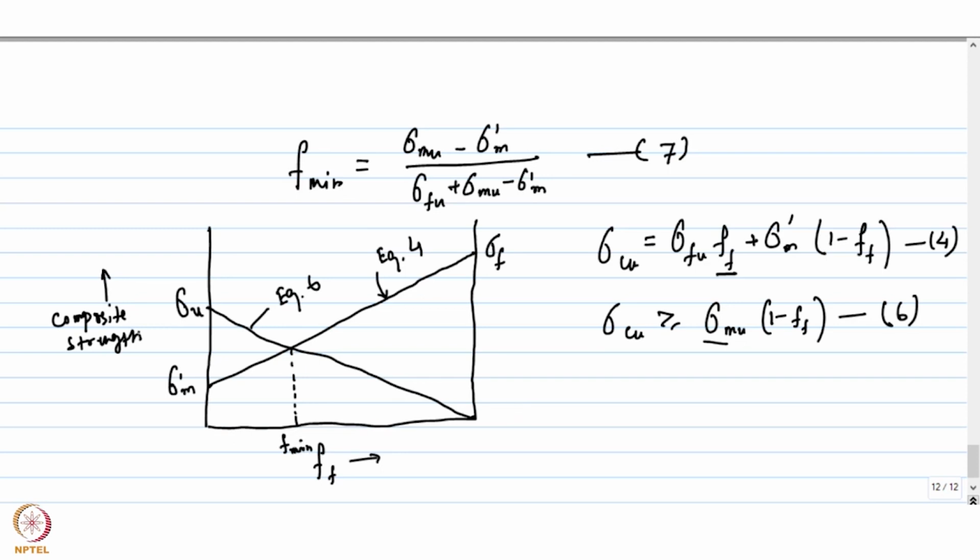volume fraction of fiber which is needed to obtain any strengthening effect. Okay. And if you draw a horizontal from this point on this line, then the corresponding volume fraction is the critical volume fraction.